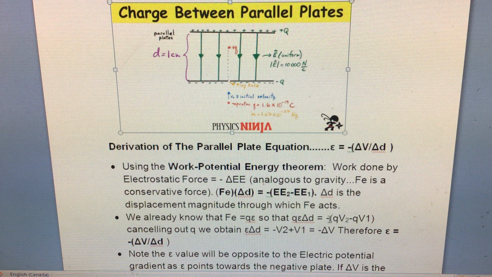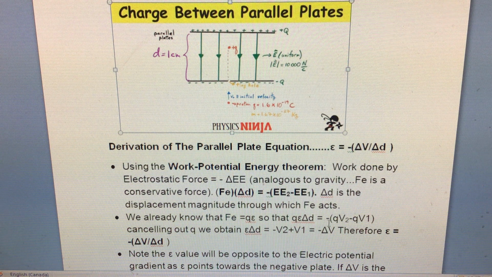Now, you can cancel out the Q's. Your electric field times delta D, which is the displacement or the separation between the two plates, is minus the potential at your top plate plus the potential at the bottom plate.